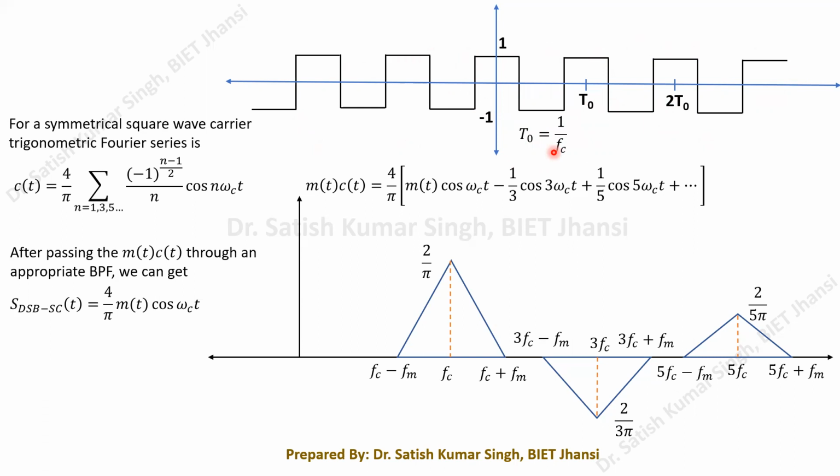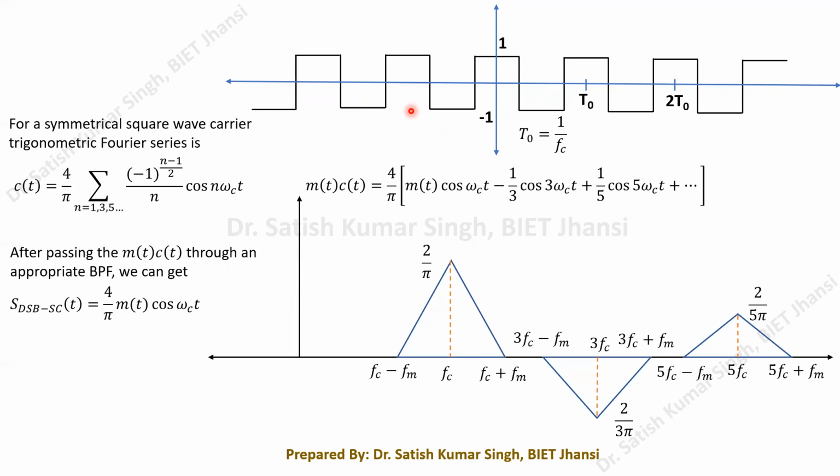If we have this symmetrical square wave, you can find the equivalent trigonometric Fourier series expansion of it. I'm just writing the final result, since the derivation is not important here.